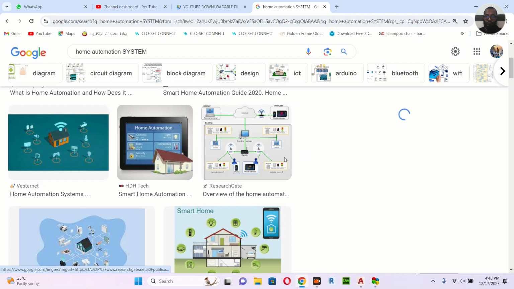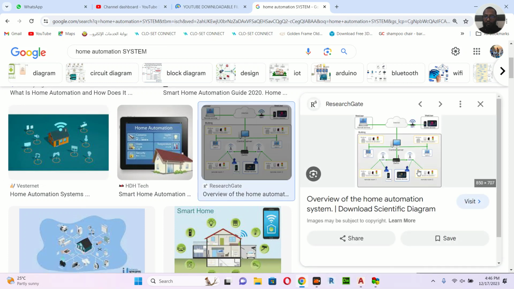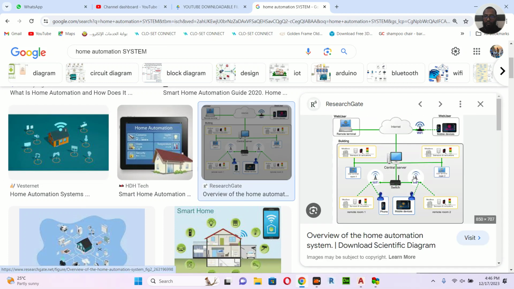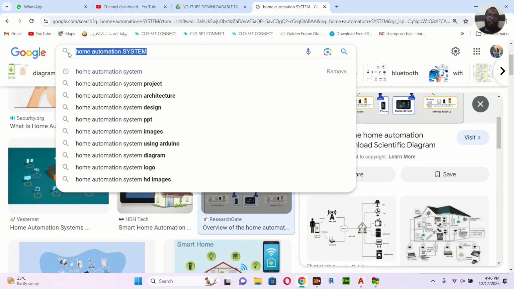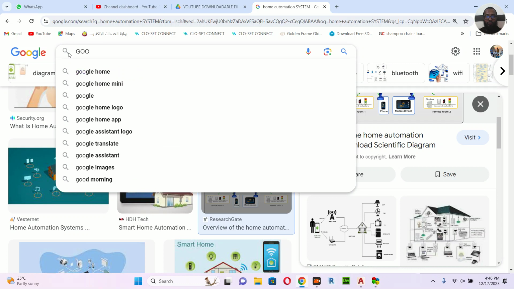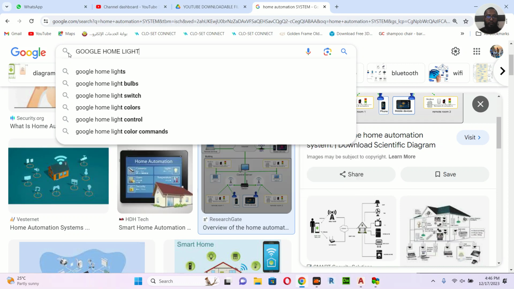It's all connected through the internet with the panel. There's another one I saw on the internet, Google Home Light Control. Yes.